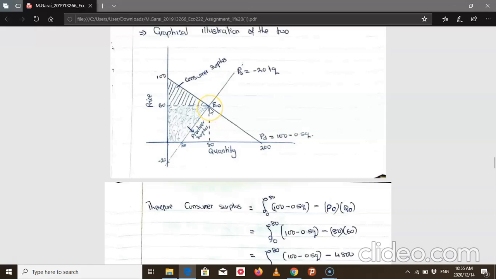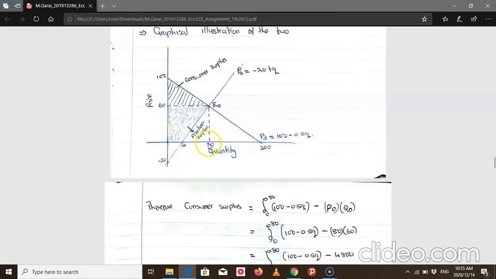From 80, you go and touch the line, and from 0, you go and touch the line. The area bound between the line, the 80 line, the x-axis and the 0 line is the area that we integrate on.